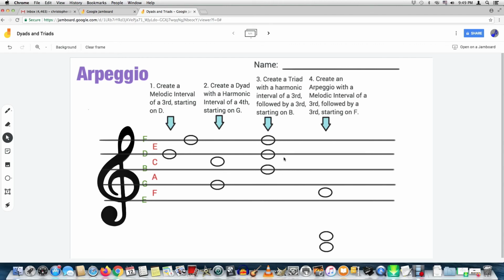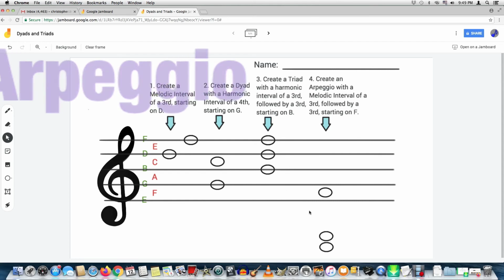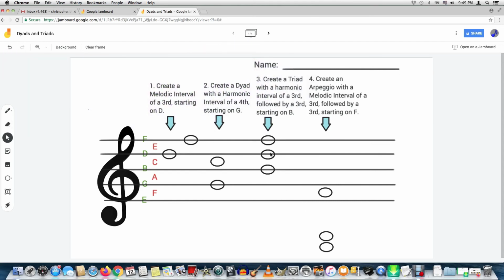It involves 3 notes, but instead of being played at the same time, they're played one at a time. So if we were to, for example, slide this note over and slide that note over, that would be considered an arpeggio because we're playing each note one at a time instead of at the same time. If we stack them on top of each other, though, this is considered a triad, not an arpeggio.